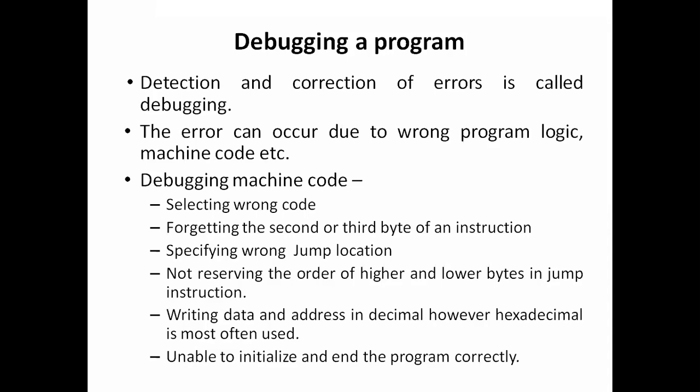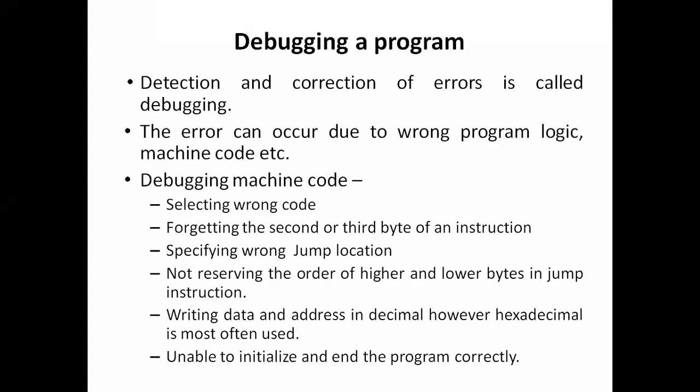Similarly, we have 3 byte instructions. Also, whenever you change your mnemonics code into the hex code, you might have written a wrong machine code, due to which you are getting an error in the program, an error in the result. So there are many various ways by which the error can occur.